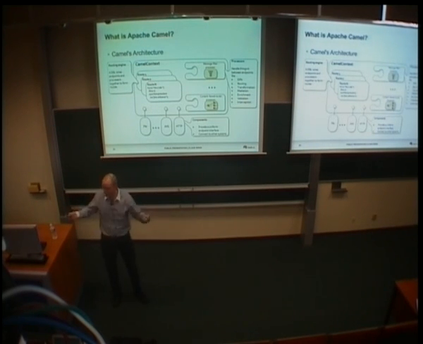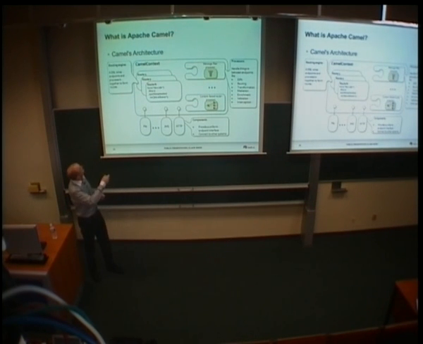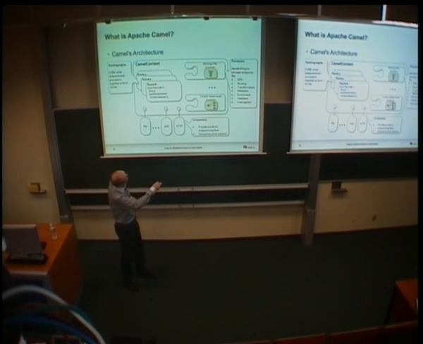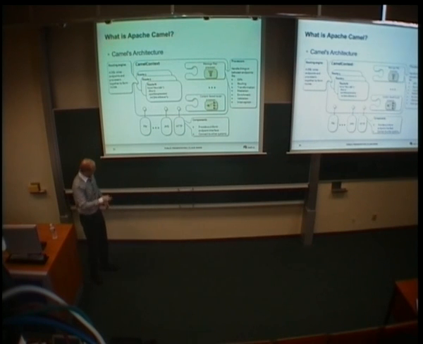This is the Camel runtime. The idea is that in this Camel context, you can add routes. And those routes, using the enterprise integration patterns, can use message routing, transformation, mediation, invoke business logic, and so on. And then to communicate with the external world, you can use these Camel components.